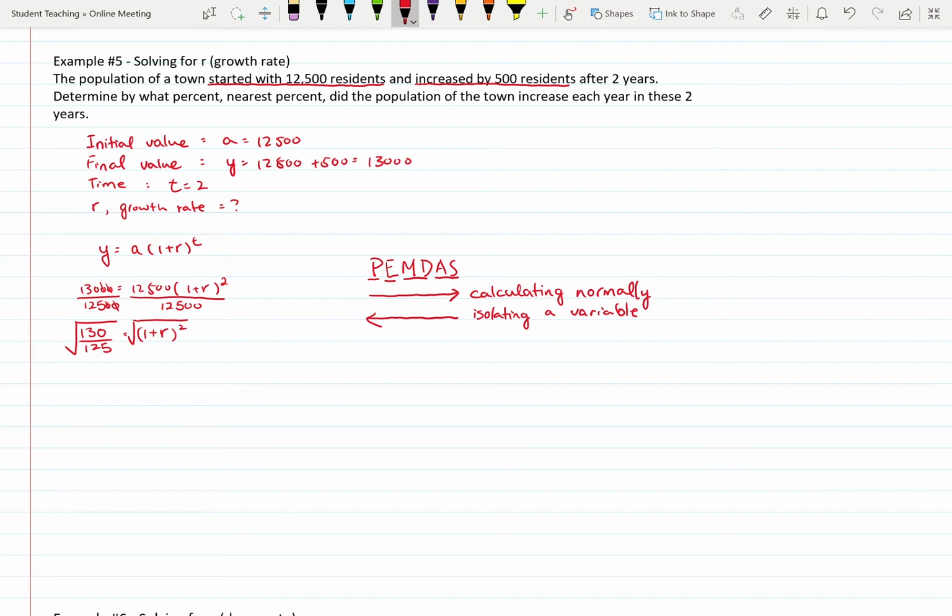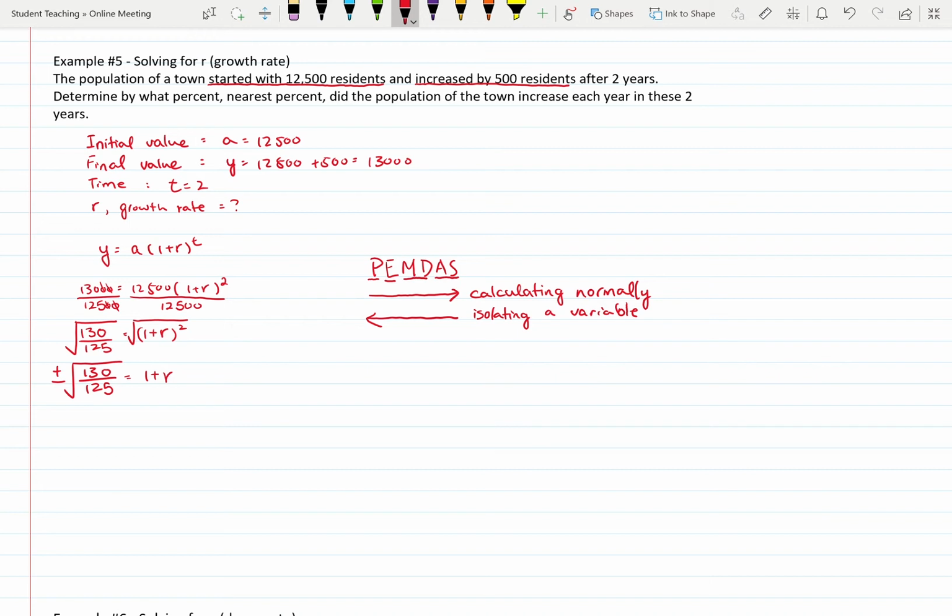Now, here's something that I want to tell you: when you are taking the square root of a number that is being squared, 1 plus r is being squared, and we are taking the square root of that, the result will have a positive value and a negative value. So you'll have 1 plus r equal to positive and negative radical 130 over 125.